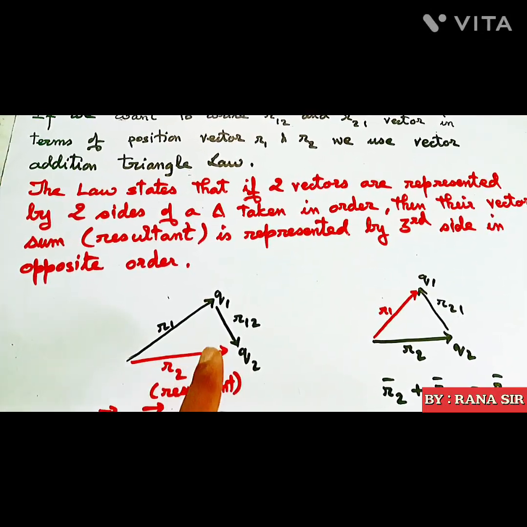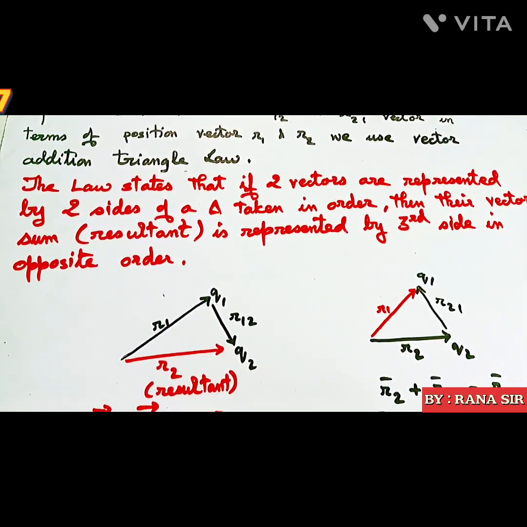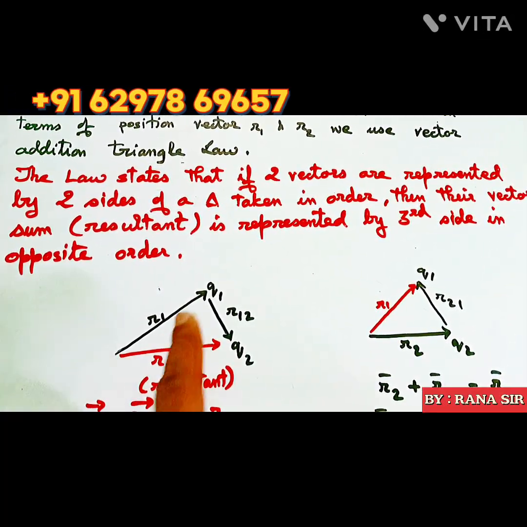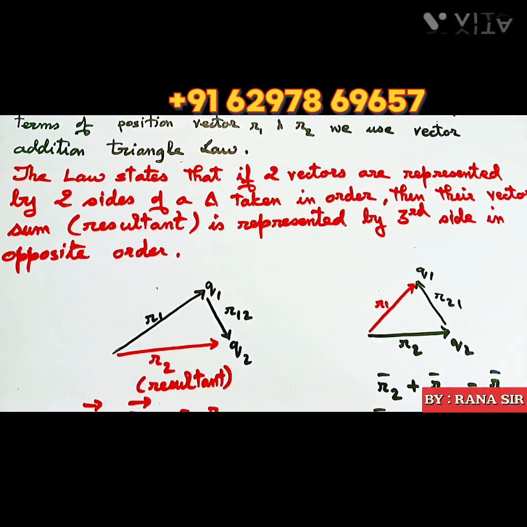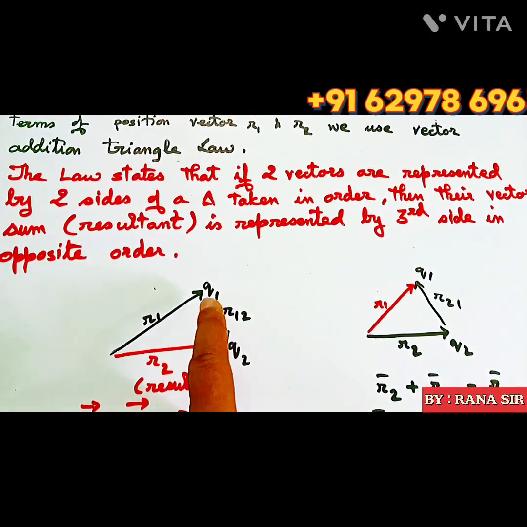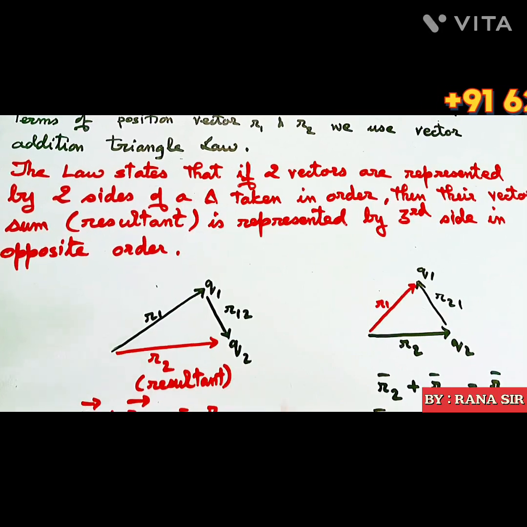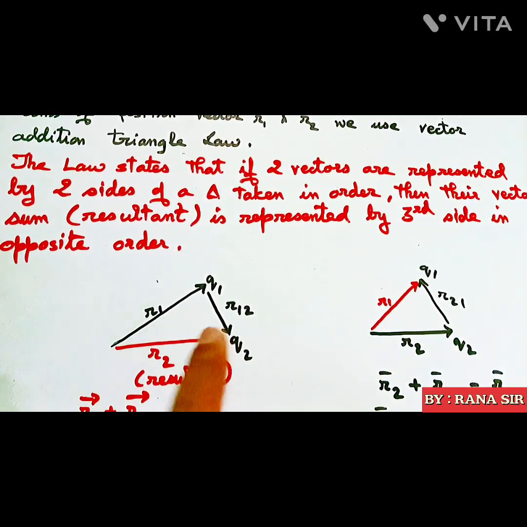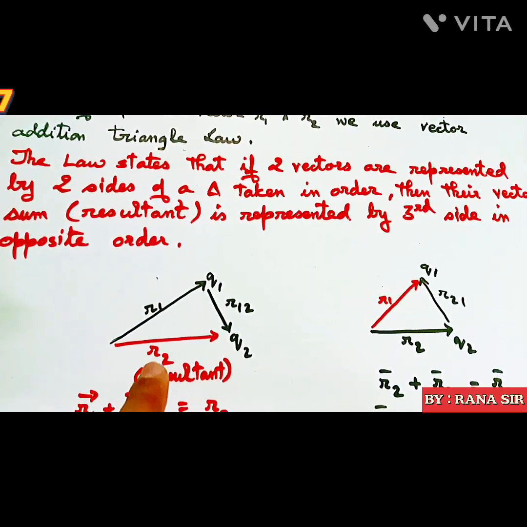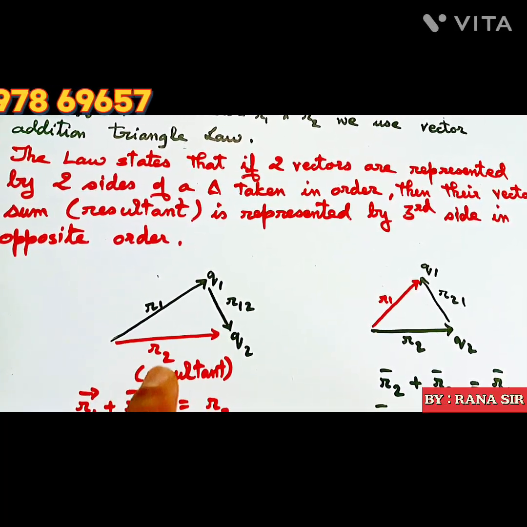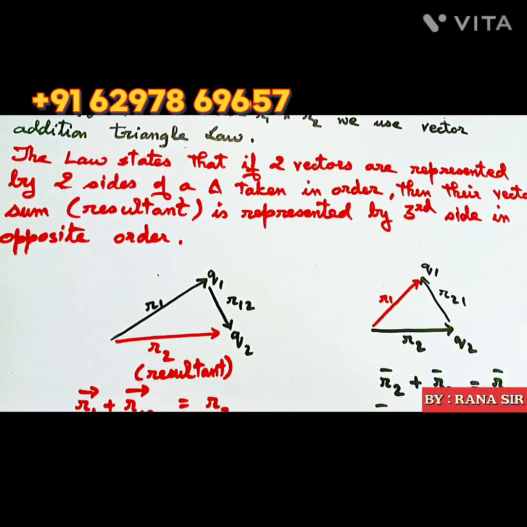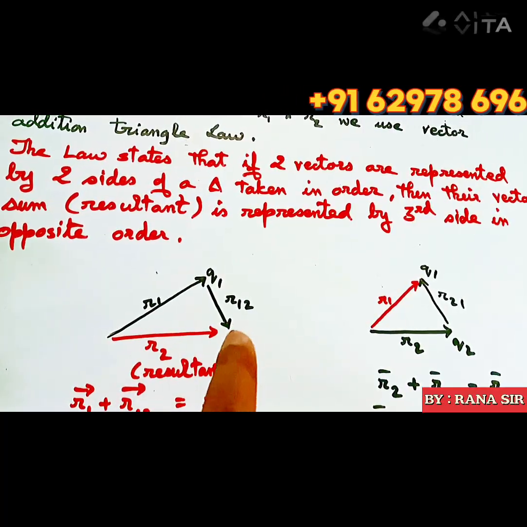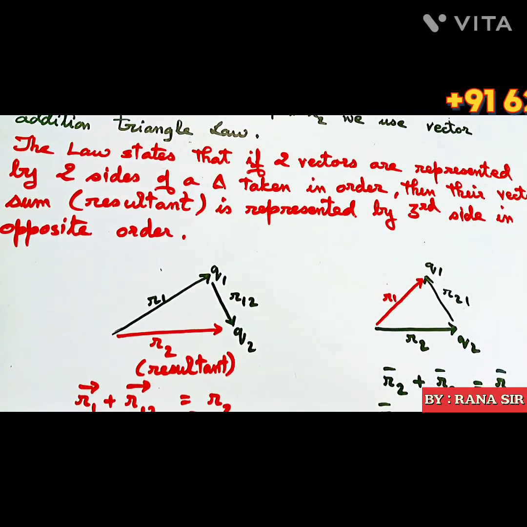Let's understand this with charge Q1 and charge Q2. From the origin to the charge Q1, it's vector R1. From charge Q1 to charge Q2, the distance is R12. Their sum will be the third side of the triangle, which is the resultant vector, and its order is opposite. See, the order here is continuous, and here the vector order is opposite.